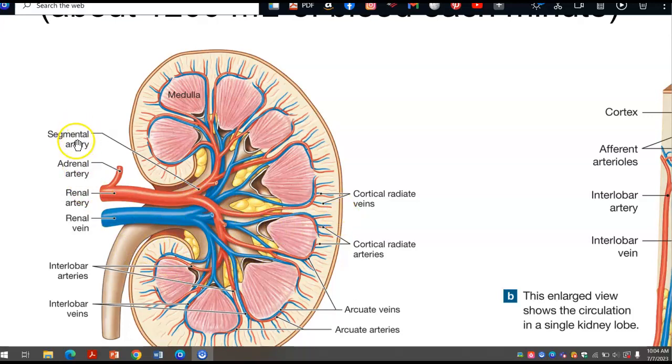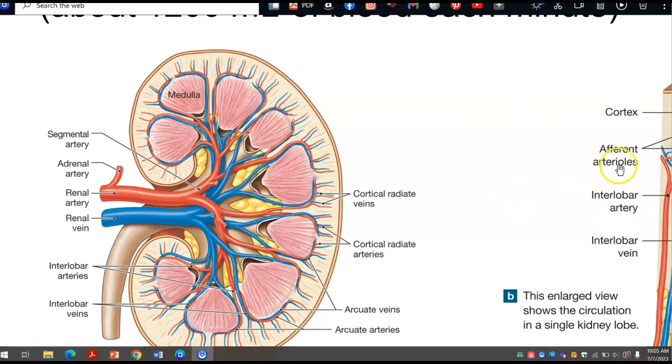There's segmental arteries that branch from the renal artery, but there's not any segmental veins. But all the other blood vessels overlap. You have cortical radiate veins and cortical radiate arteries, arcuate veins, arcuate arteries, interlobar veins and interlobar arteries. So we'll go over that more in the notes, but I just wanted you to see a picture first.